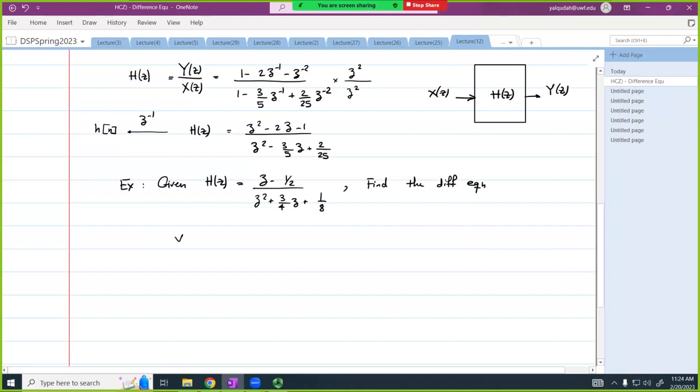So Y(z) divided by X(z) is given by (z - 1/2) divided by (z^2 + 3/4 z + 1/8). What do we do next? Cross multiply.